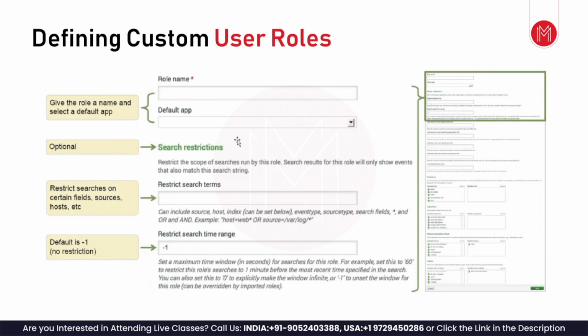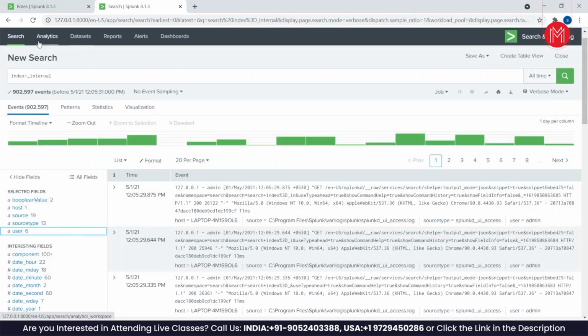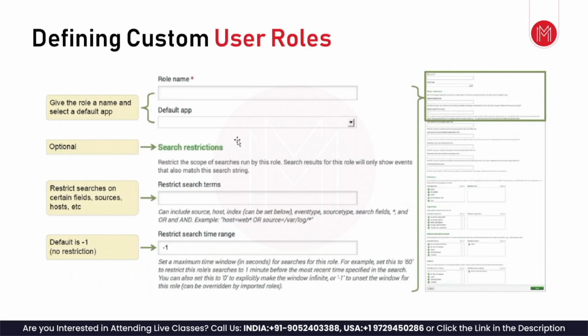And default app, what is this default app? Whenever you are assigning this role to a specific user or a specific group, whenever they log into Splunk, they'll immediately see the default app. For example, my default app is search and reporting. So if I open my Splunk, I'll directly see this search and reporting app when I log in.